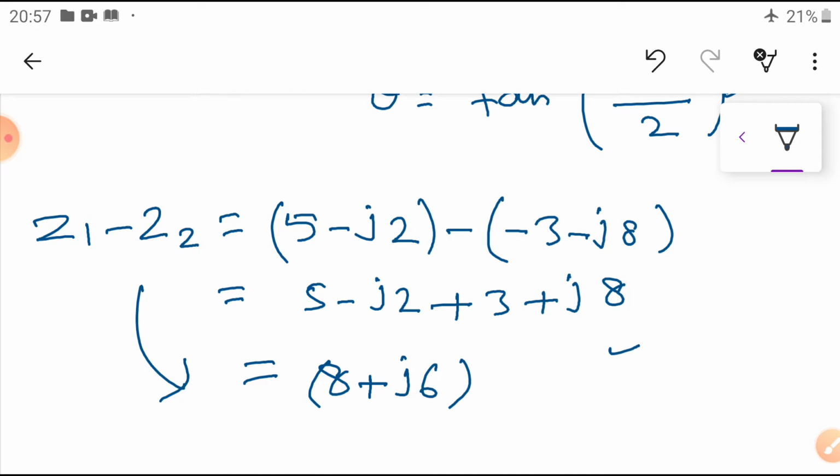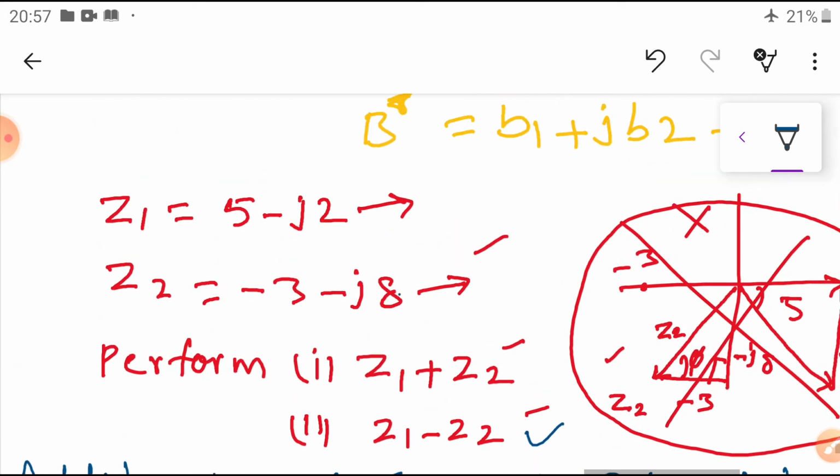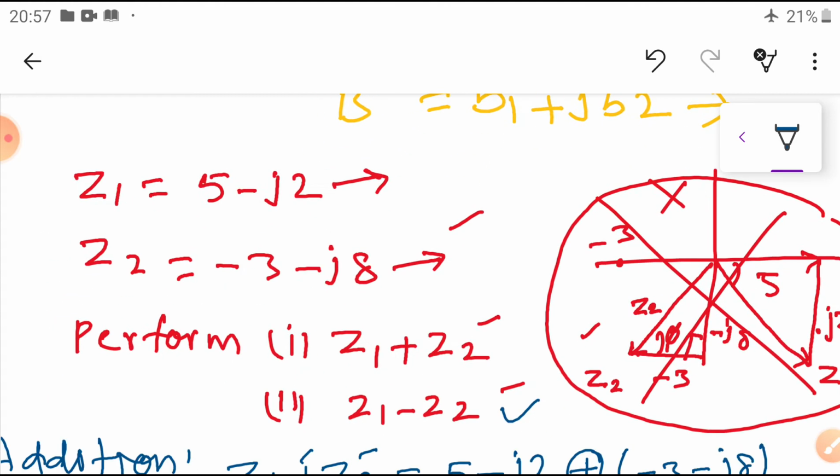Okay. So we will do another problem also. What we have given, dear students, you can see here. The problem is given. The two given vectors are z1 equal to 5 minus j of 2, z2 equal to minus 3 minus j of 8.